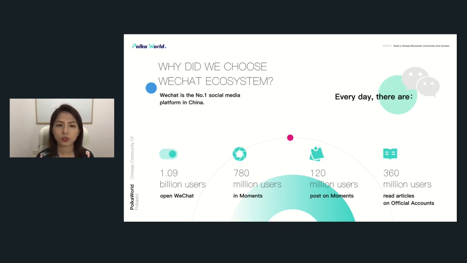And people use it to post moments, to read moments, and also to read articles on the WeChat official account. And also because it's a social media, it has this network effect.